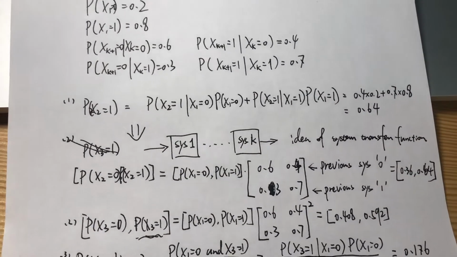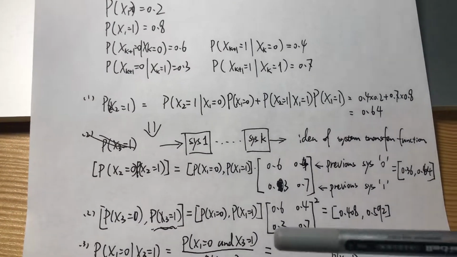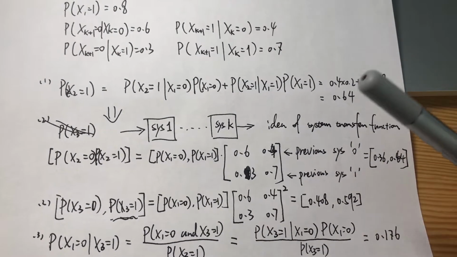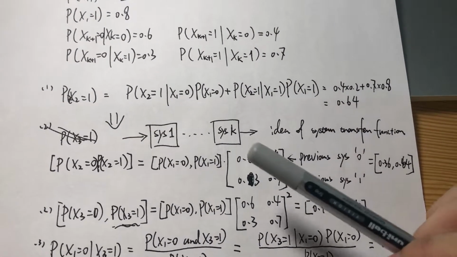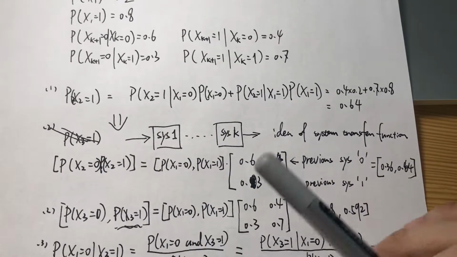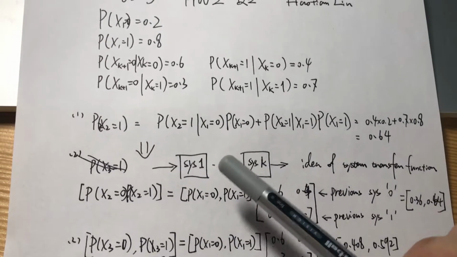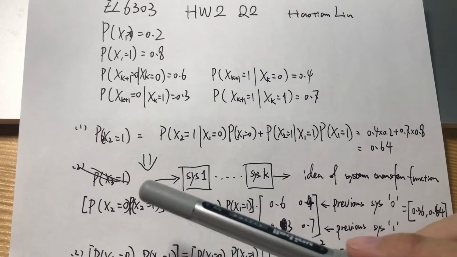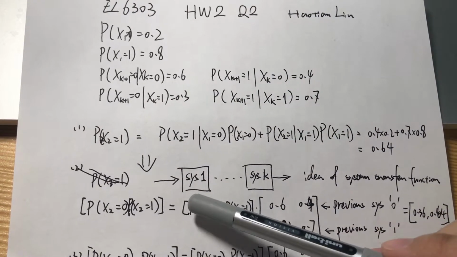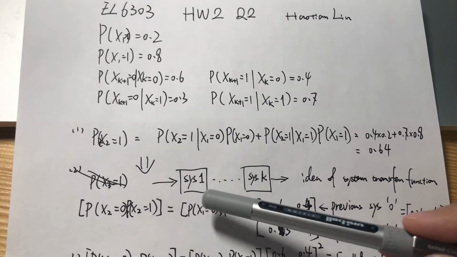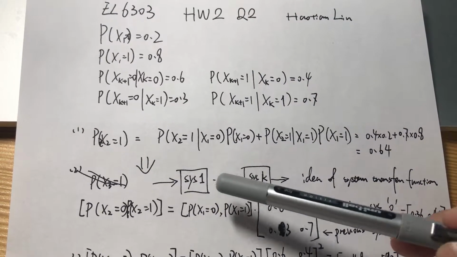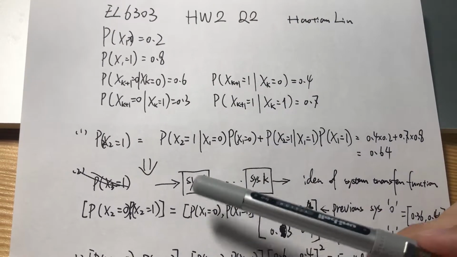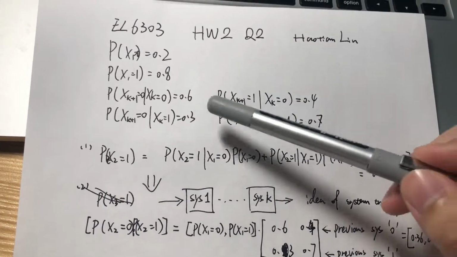is 0.64. Let's try to verify this with another idea, which is the system transfer function. As we know, the signal goes through a number of systems continuously, but there's no difference among all the systems.